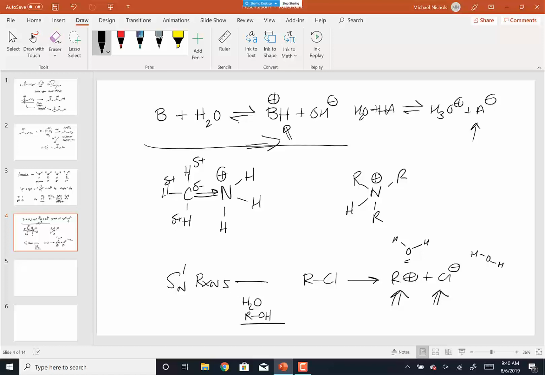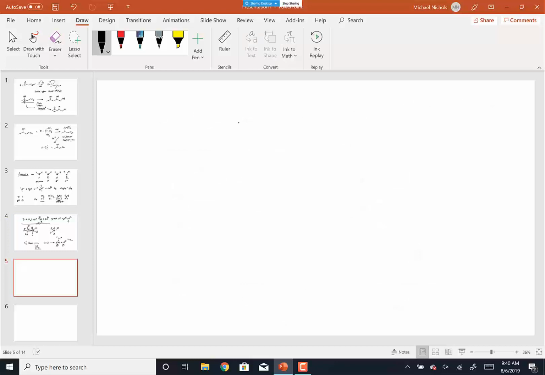Okay. So if water will solvate the BH plus better, it'll push the equilibrium to the right. If water will not solvate BH plus as well, then what happens? The equilibrium doesn't get pushed as far to the right. So solvation is the other factor here, and that solvation may or may not be going in the same direction as an alkyl group.